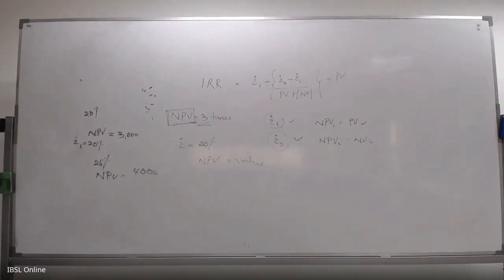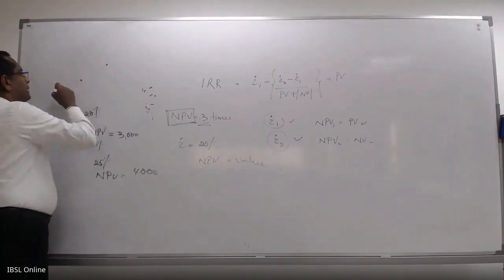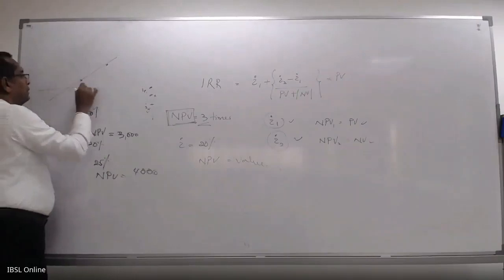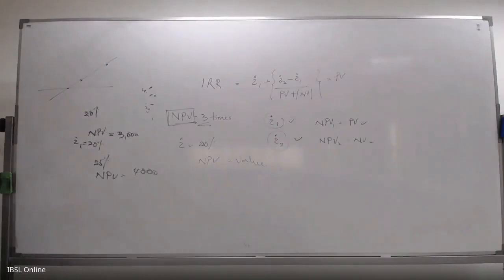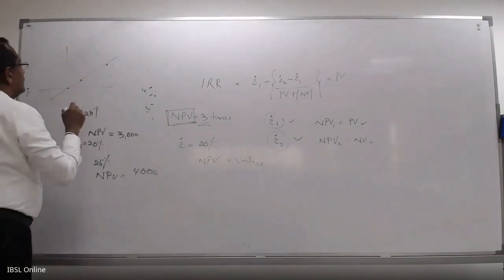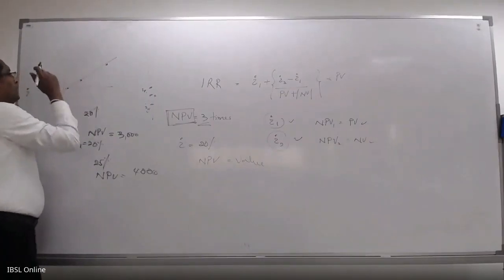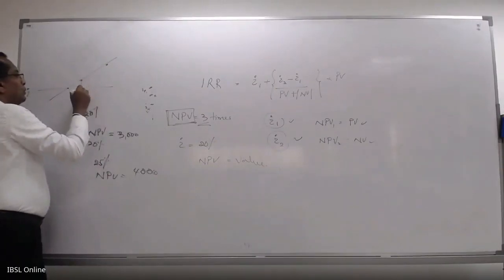Right? That means NPV has gone up. We want to find out this one, where NPV is 0. This is the interest rate, this is the value. On this line, it is interest rate. So you took I1 which is 20%.